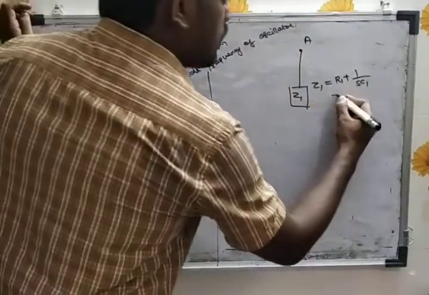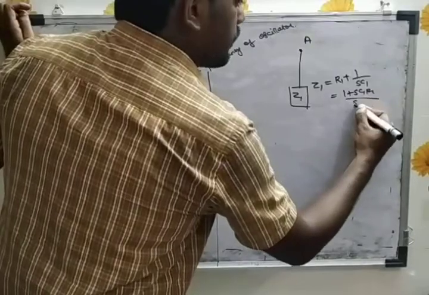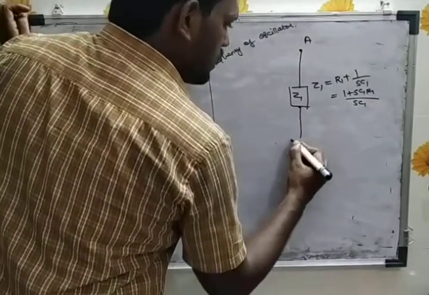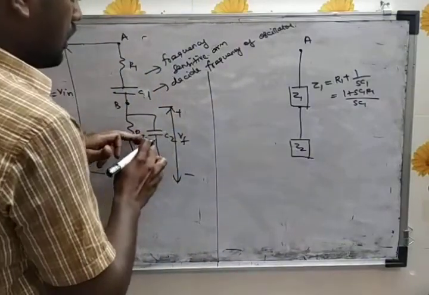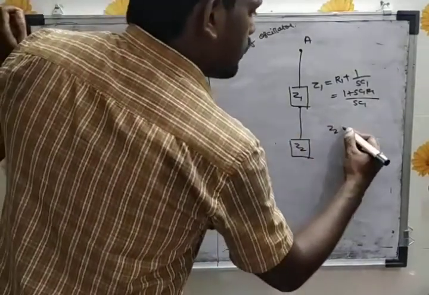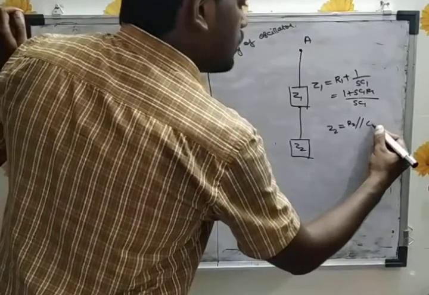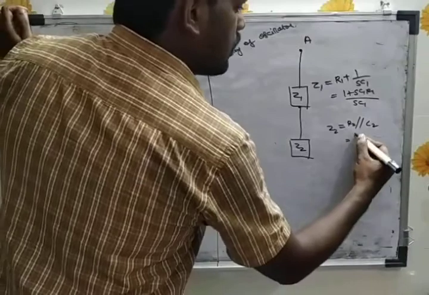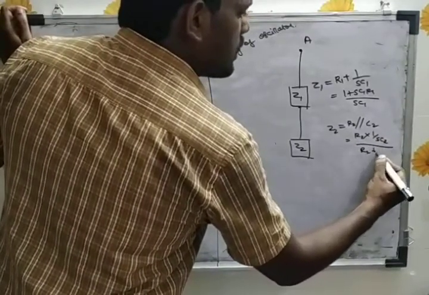Which is equal to (1 plus SC1 R1) by SC1, and Z2 is R2 parallel C2, which is equal to R2 into 1 by SC2 divided by R2 plus 1 by SC2.